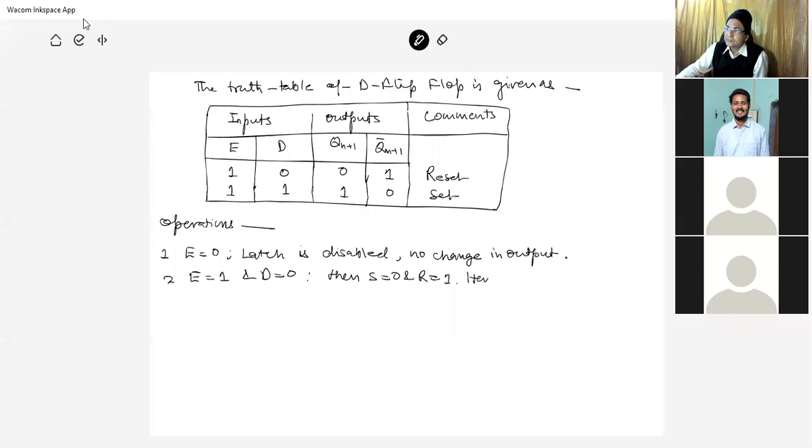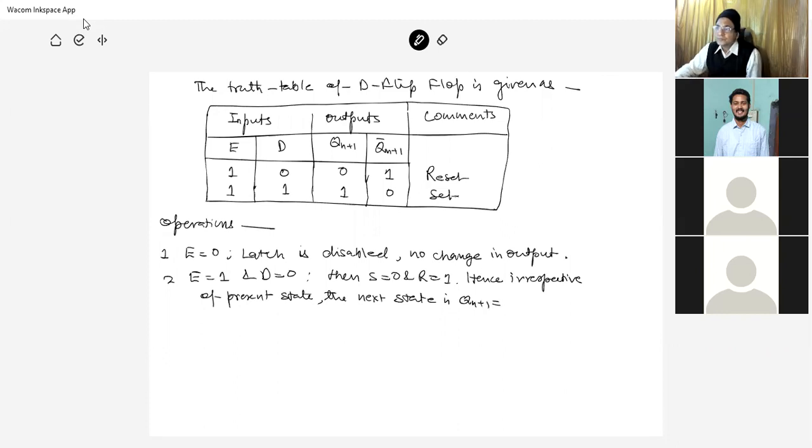Hence, irrespective of present state, the next state is Qn plus 1 is equal to 0 and Qn plus 1 bar is equal to 1. That is reset.